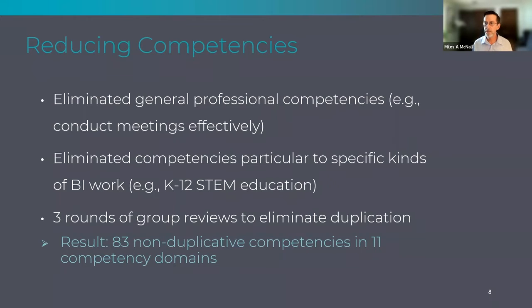And then we also eliminated competencies that were really specific to a particular kind of BI work, for example, K-12 STEM education. So we wanted to get something in the middle that was really reflective of competencies across different flavors of BI professionals.